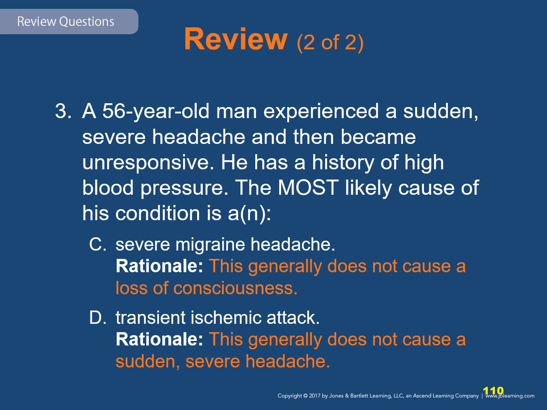That's incorrect because this generally does not cause a loss of consciousness. No matter how bad a migraine headache can be, and they can be murderously bad, they just don't cause loss of consciousness. And D, the option was transient ischemic attack. Again, this type does not generally cause a sudden severe headache.